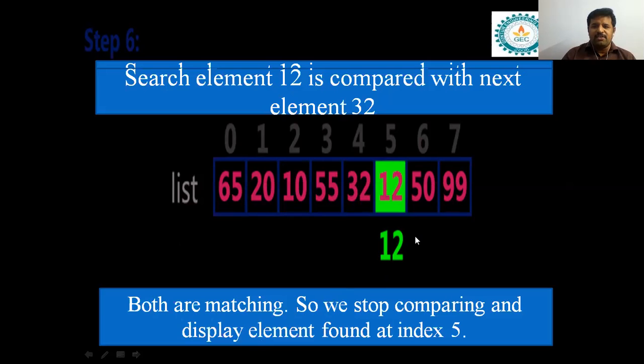Whenever the element is found, simply display the message that the element is found at so and so location. If searching takes place till the last element and still no match is found, simply display the message that the element is not found. This is how we search for an element by using linear search.